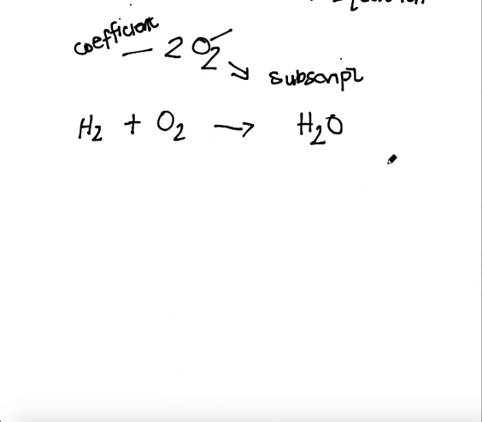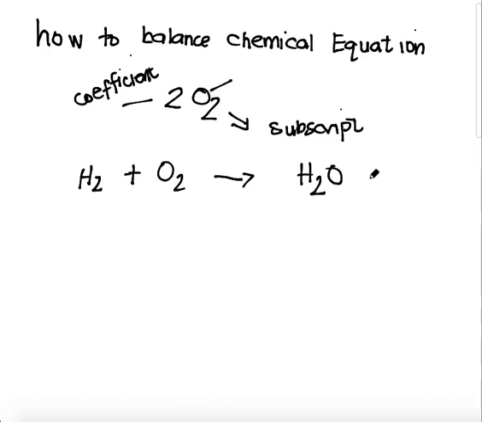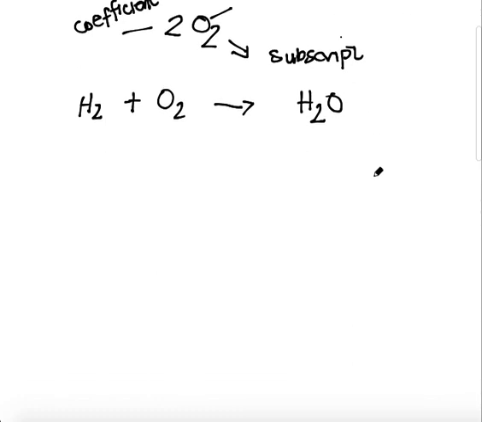A primary rule, if we want to know whether a chemical reaction is balanced, is that we must be familiar with the reactant and the product side. Here in this equation we have the reactant, and we have the product.